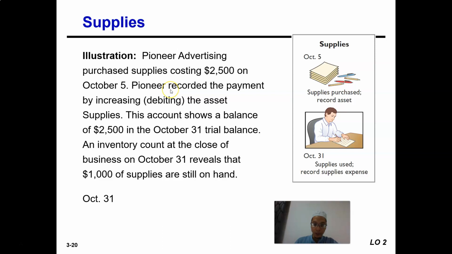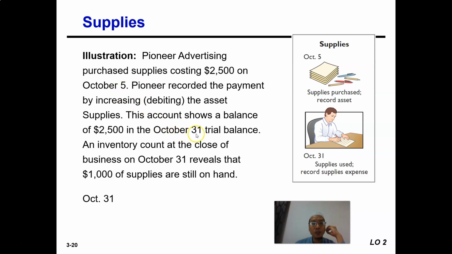So when Pioneer paid for the supplies, it will debit the asset supplies, and this account shows a balance of 2,500 in the October 31st trial balance, and the supplies account at the close of business on October 31st reveals that 1,000 of the supplies are still on hand.